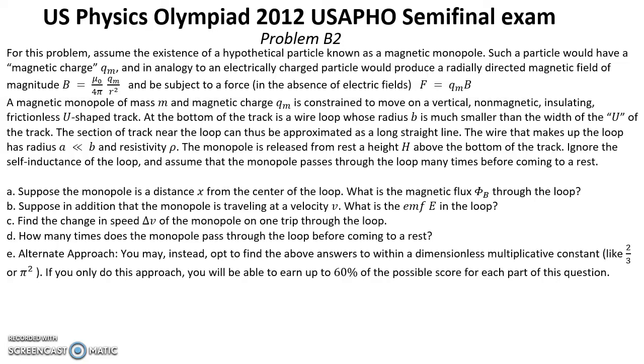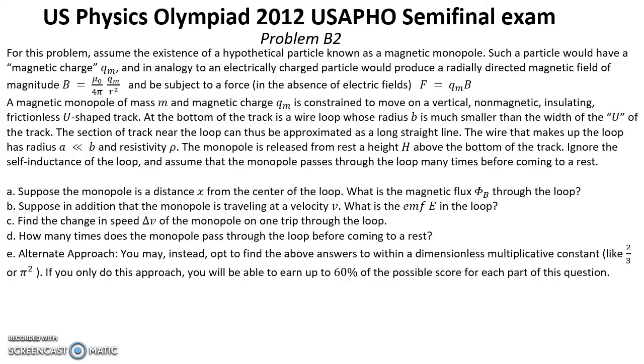Ignore the self-inductance of the loop and assume that the monopole passes through the loop many times before coming to a rest. Question A. Suppose the monopole is a distance x from the center of the loop. What is the magnetic flux Fb through the loop?